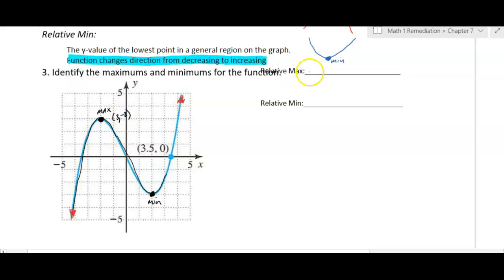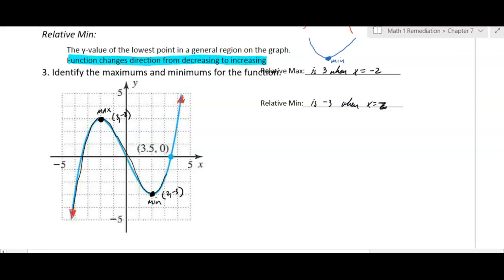So we would say the relative max is 3 when x is -2. And we would say the relative min, and this point is at (2, -3). So we would say the relative min is -3 when x equals 2.